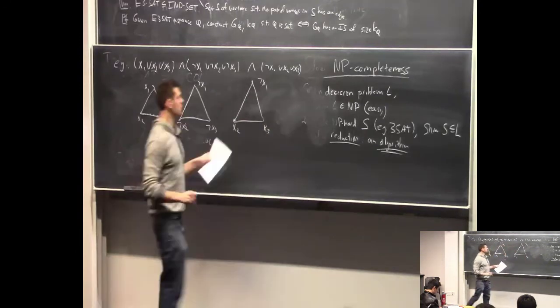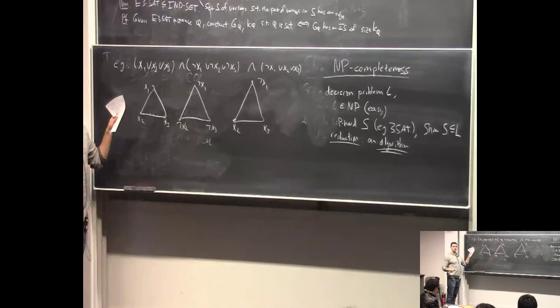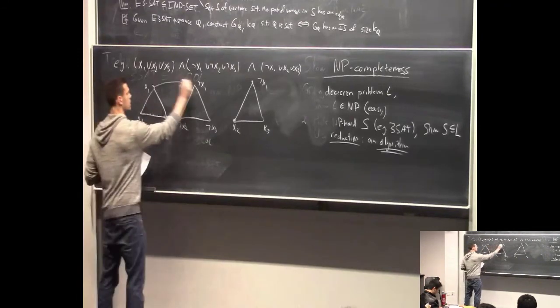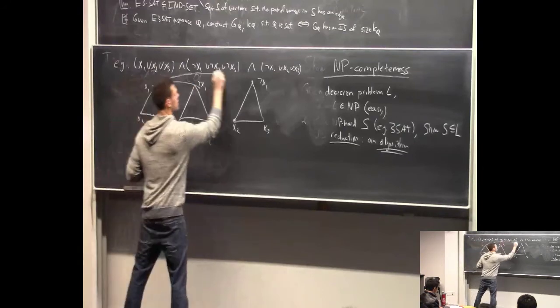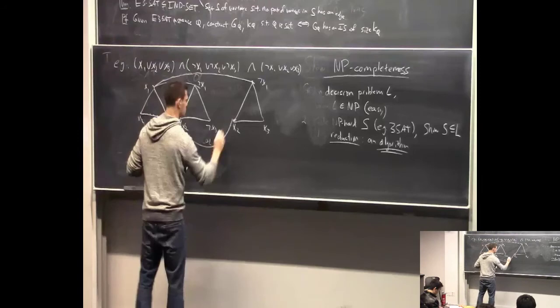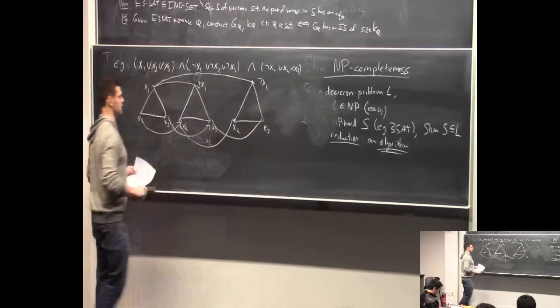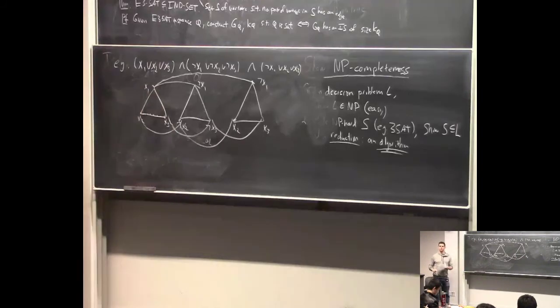And then all I'm going to do is connect vertices corresponding to opposite literals. So x1, not x1, x2, not x2, x3, not x3, and so on. And so you can, of course, imagine doing this for all clauses. And I claim that this works, and class is over.